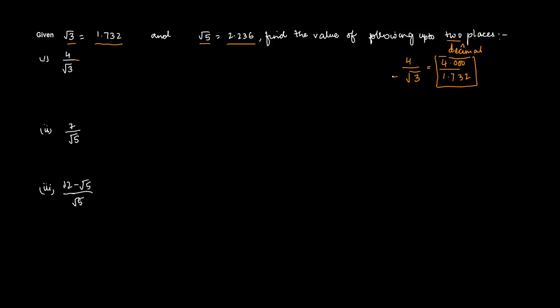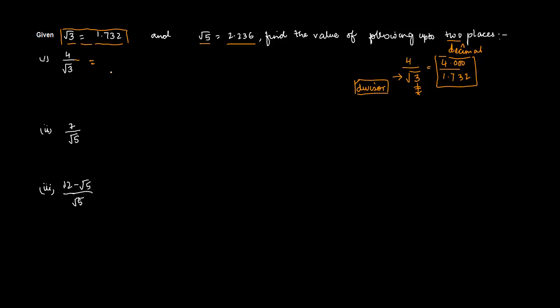So in such cases, we try to remove these square roots from the divisor, and once you have removed it, you substitute the values into whatever is left and solve the given problem. So let us see how we do it.